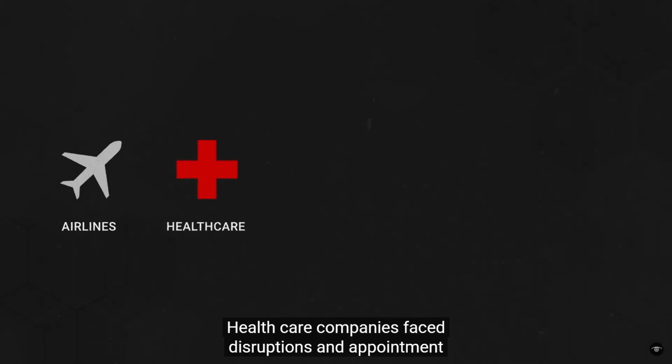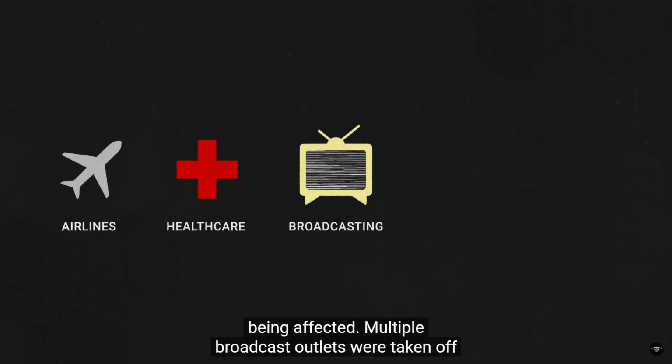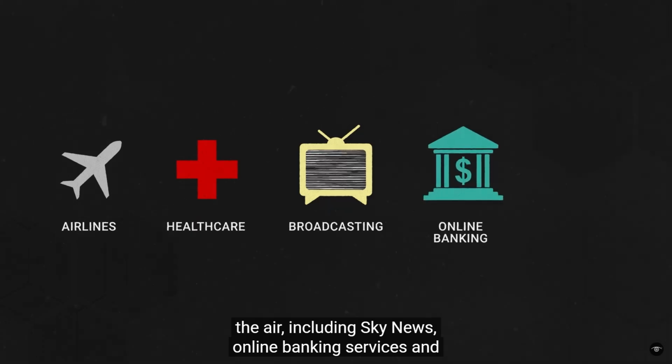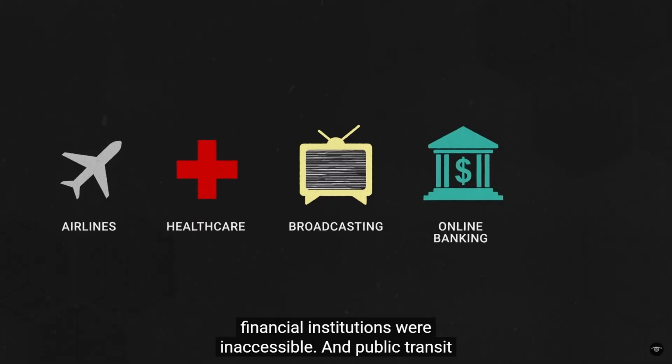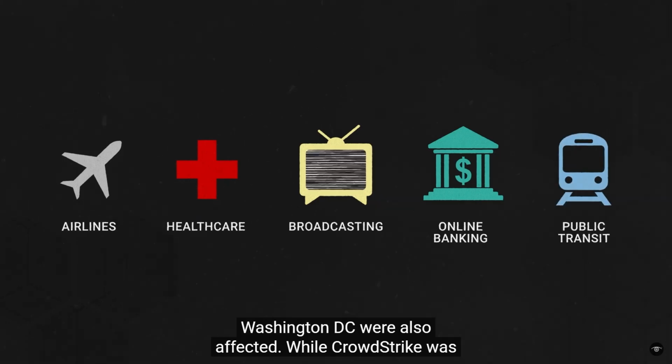Healthcare companies faced disruptions in appointment systems, while some states reported 911 emergency services being affected. Multiple broadcast outlets were taken off the air, including Sky News. Online banking services and financial institutions were inaccessible. And public transit systems in Chicago, Cincinnati, Minneapolis, New York City, and Washington, D.C.